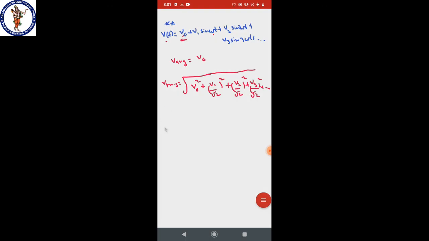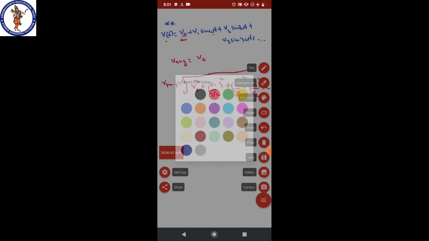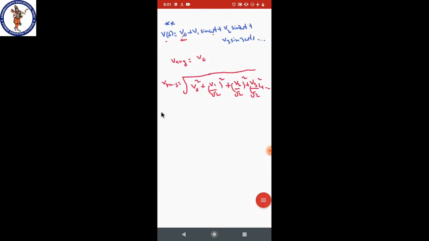Suppose it gives some current waveform like that. I will write some current waveform: i of t equal to I naught plus I1 cos of omega t minus phi 1 plus I2 cos of omega t minus phi 2 plus so on.